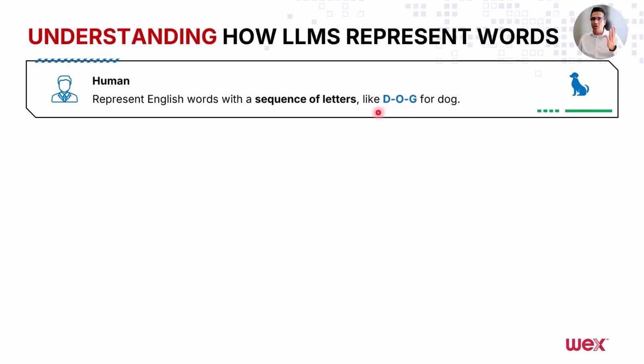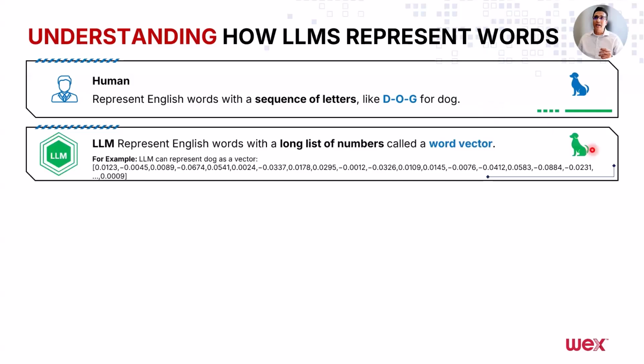When I think of the word dog, I think of a sequence of letters. All humans operate like that. Large language models, on the other hand, represent dog or any word in these numbers. You see these numbers? That's how large language models represent words. Very different from humans. Now you may think, why such complex notation? Why would you need to use numbers to represent words?